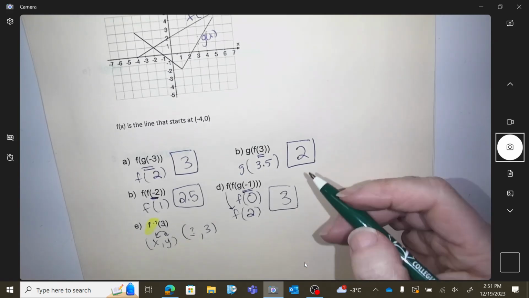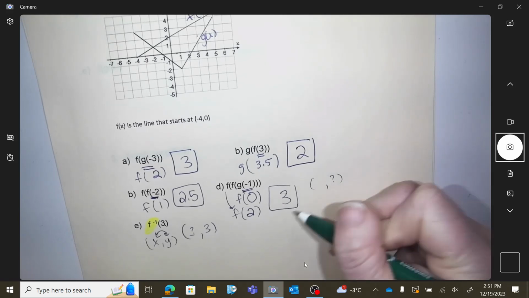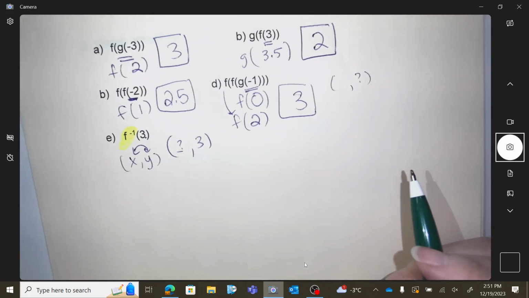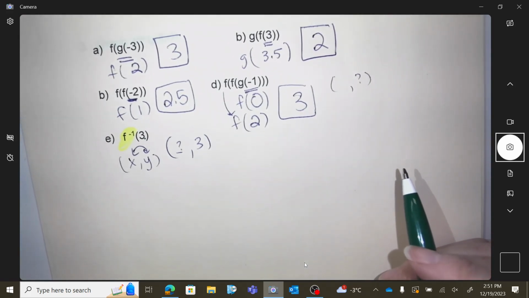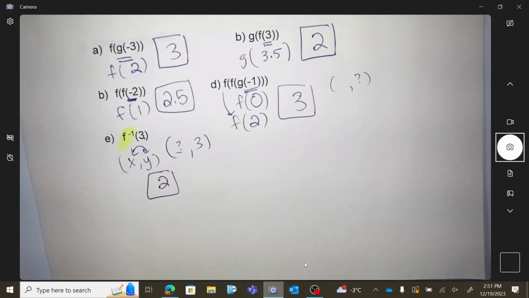Before we were trying to figure out the y, but now we're trying to figure out the x part. So on the line, where do you have a height of 3? At the x value of 2. So just 2 is all I want.